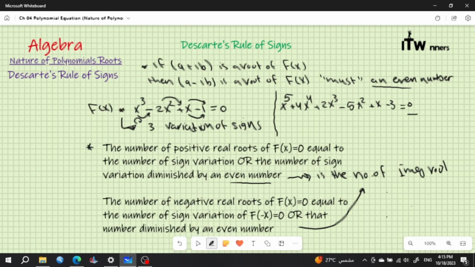Then we will divide this into real roots and imaginary roots. So the number of real roots can be 5, 3, or 1, and the number of imaginary roots can be 0, 2, and 4.